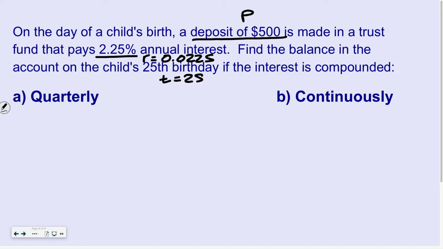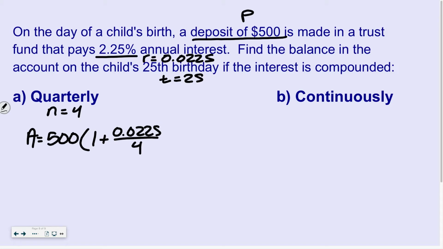If the interest is compounded quarterly, so I'm going to put N equals 4. That would be the amount in my account is 500 times 1 plus 0.0225 divided by 4, raised to the 4 times 25, or you might cross that off and say 100.